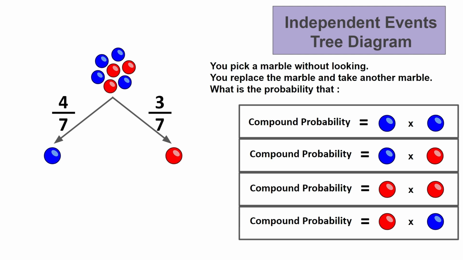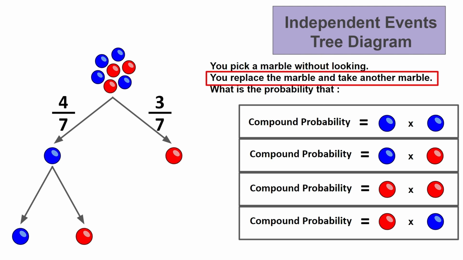Now, if you picked a blue marble in the first event, how does this affect the probability of picking a blue or red marble in the second event? Well, remember, in the first event, you pick a marble without looking. And after you pick the marble, you then replace the marble before taking another marble.